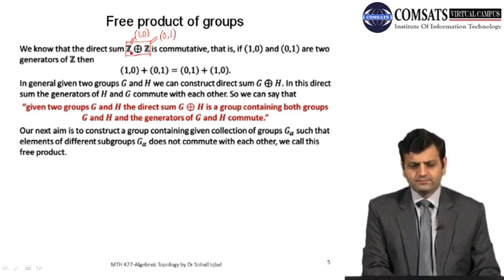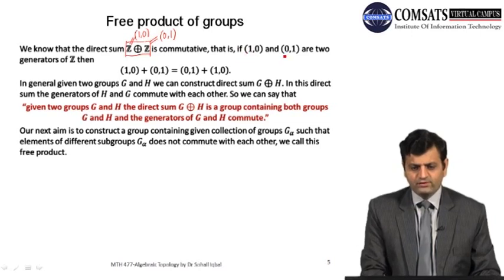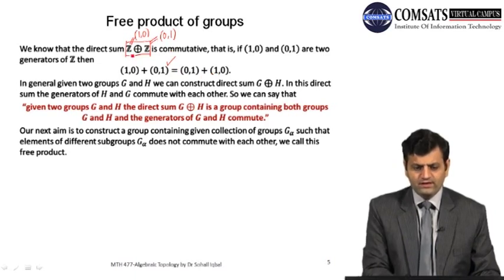Of course this is Z, generated by one element, and this is Z, an infinite cyclic group generated by one element. The point is (1, 0) and (0, 1) commute with each other, because (1, 0) + (0, 1) is equal to (0, 1) + (1, 0). In other words, the generator of this set commutes with the generator of this set.